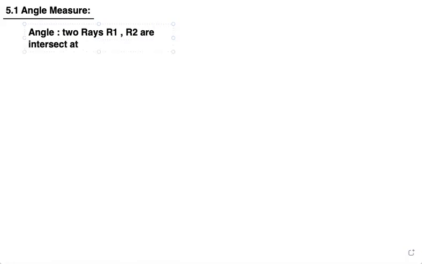I can denote it by O, vertex O. So the angle is two rays, R1 and R2, that intersect at a point. This point is called a vertex.